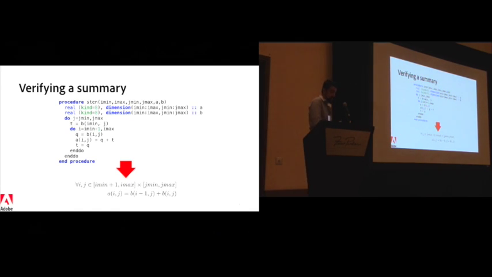Imagine this stencil piece of code and a corresponding summary that says what it does. How would you go about proving that for this piece of code? Well, Hoare logic is a well-known method for reasoning about programming.